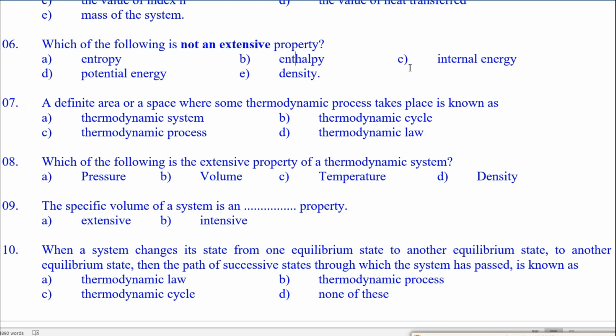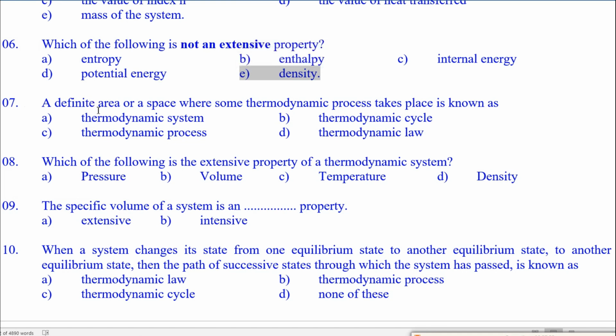Enthalpy, extensive property. Internal energy, it is also depending on the mass. Potential energy, that is mgh, it is also depending upon the mass. And the density is the kg per unit volume. As the volume is constant, density becomes an intensive property, that is not an extensive one. So here the answer will be E, density.